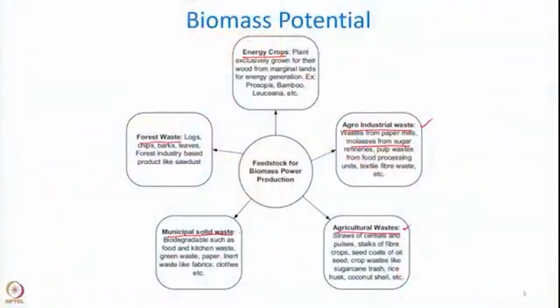And another one is your municipal solid waste. So, municipal solid waste is actually all the carbonaceous product which has similar chemical properties, where we have carbon as a source which we can use to harness hydrogen.